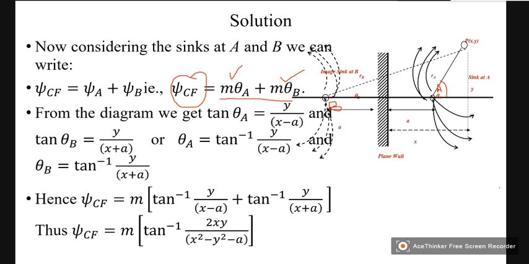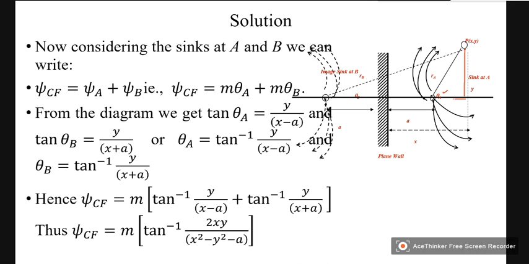Now, if you look at this diagram, we have two triangles. This is one triangle and this is another triangle. So in these two triangles, I can say tan theta A is equal to, this is y.